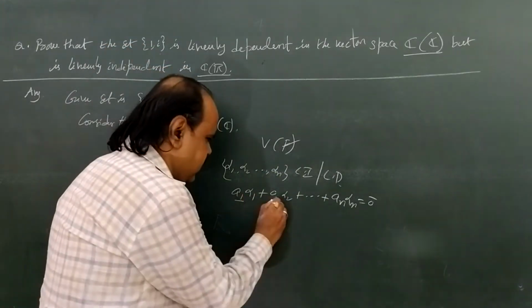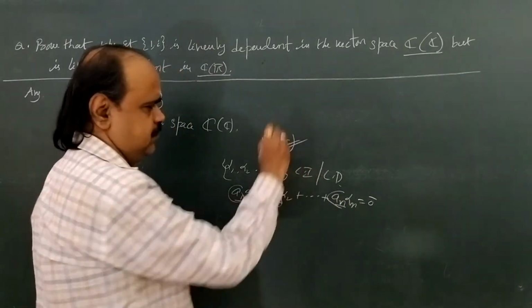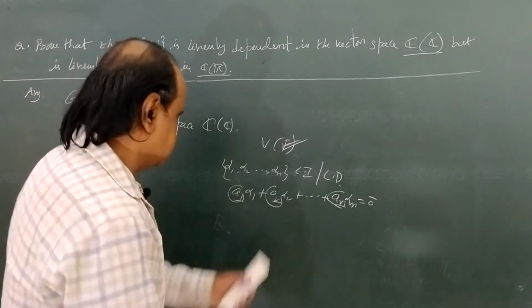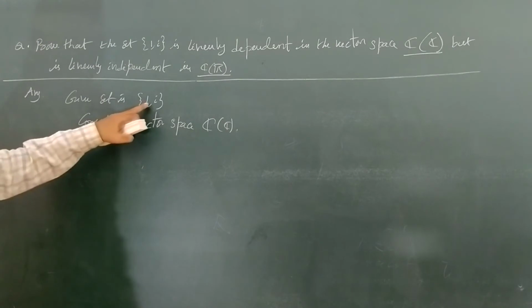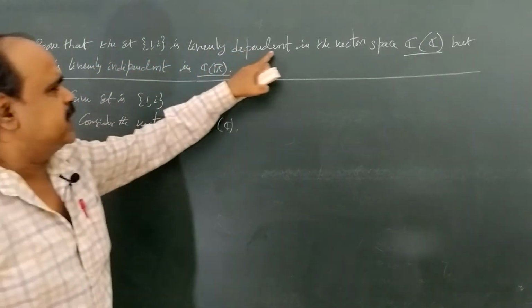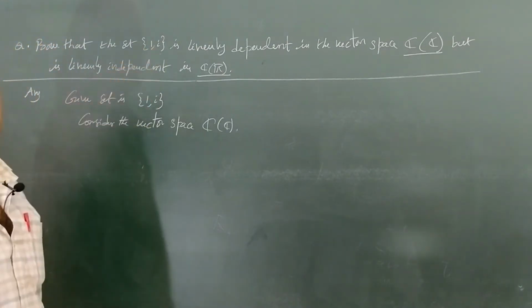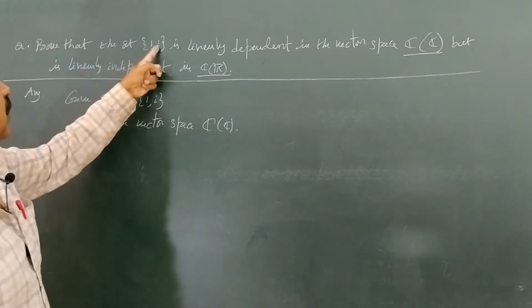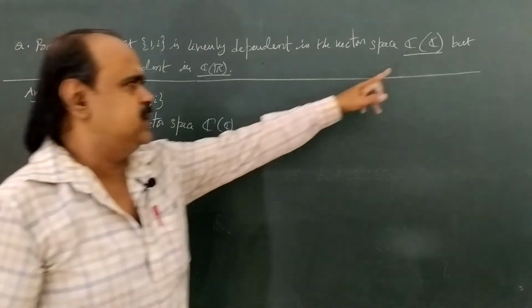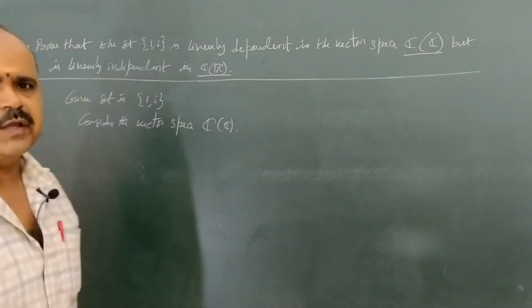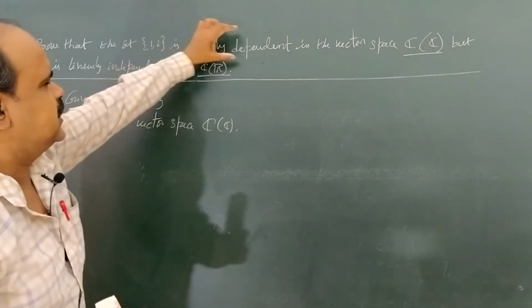Okay, here a1, a2 and so on an. In this linear combination, the scalars belong to capital F. The scalars belong to capital F. Similarly, if we want to show the set 1 comma i is linearly dependent in C of C, we are taking the linear combination of 1 comma i. Here in that linear combination, the scalars must be from the complex plane C. Okay, so here we want to show the set 1 comma i is linearly dependent.